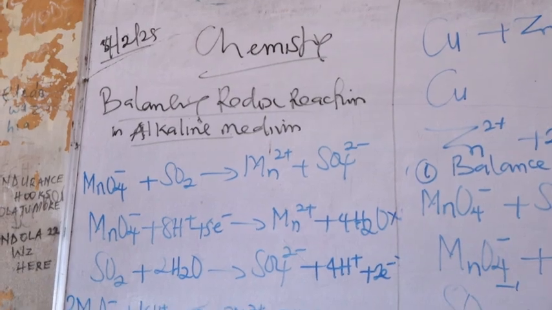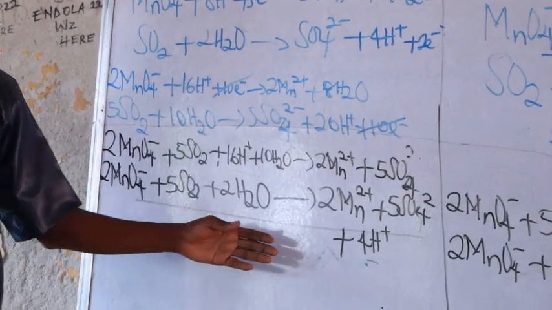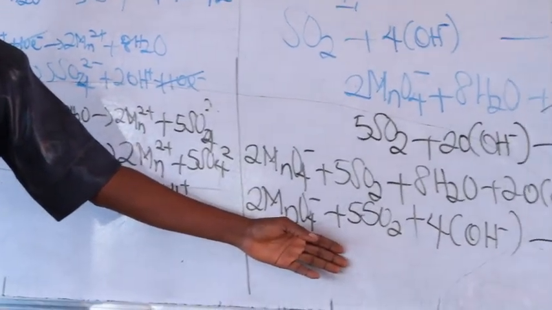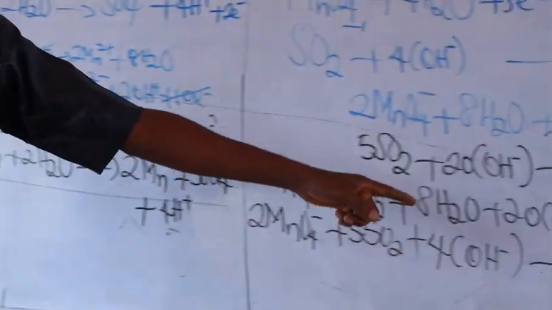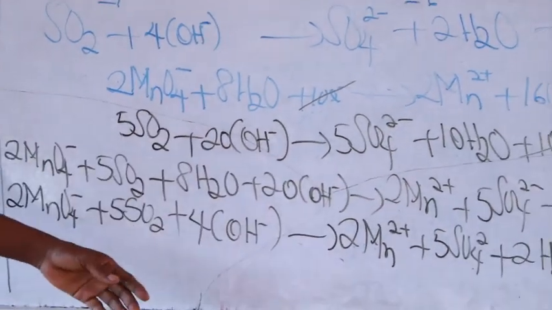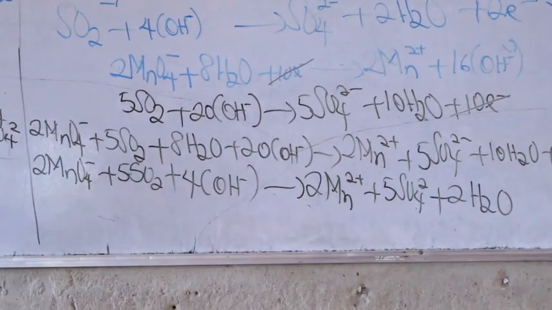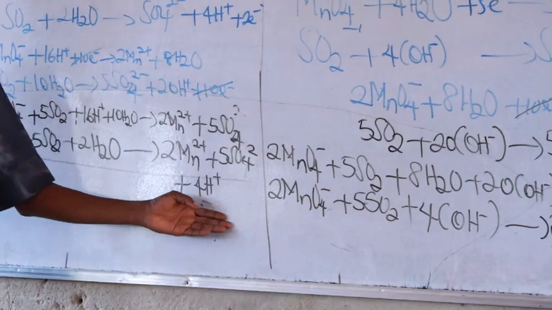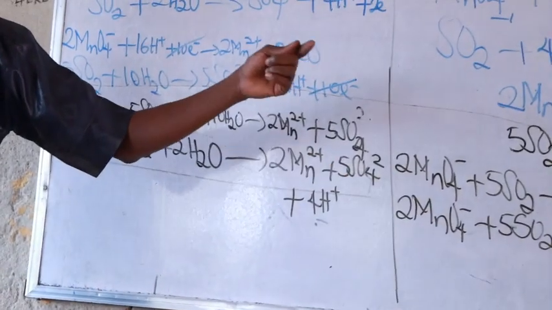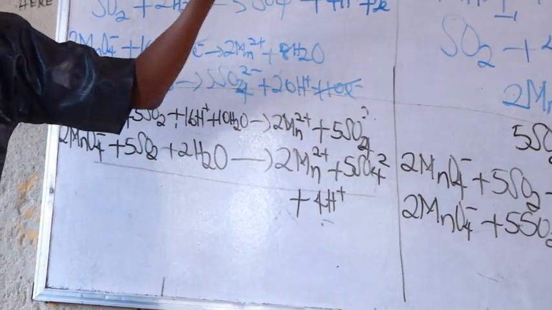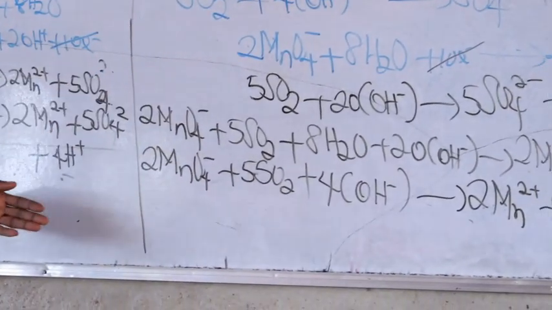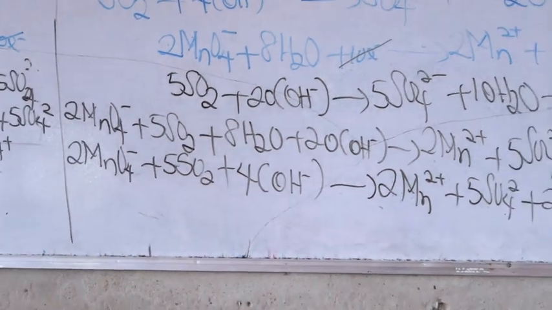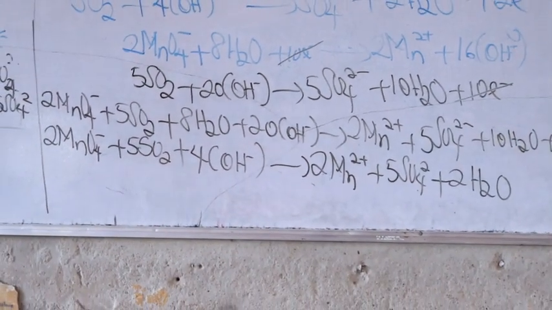This is balanced in acidic medium. This is balanced in alkaline medium. And you can see the number. We have 2 water molecules here. We have 2 water molecules there. And we have 4 hydroxide ion here. So we have 4 hydrogen ion. So almost the same thing. But the only thing is that water molecule and hydroxide ion are used for alkaline medium, while water molecule and hydrogen ion are used when we balance in acidic medium.